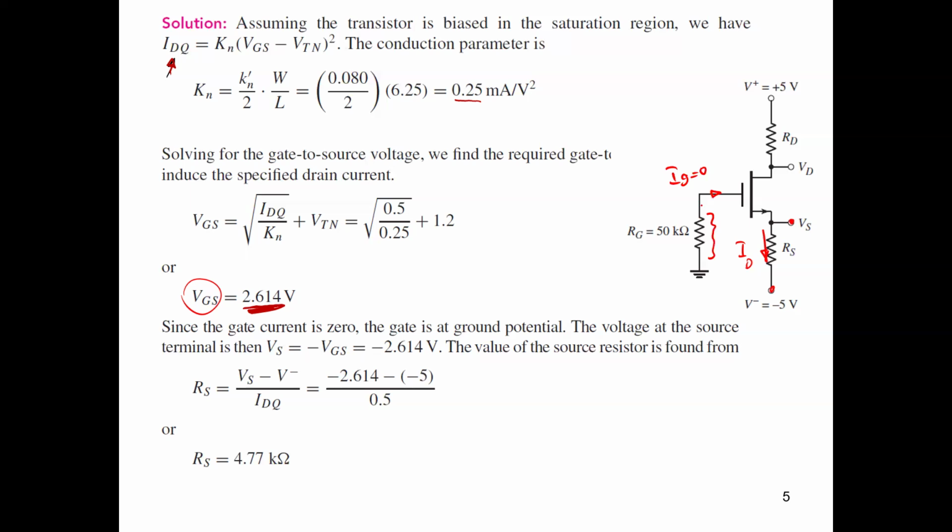Since this current is 0, the voltage across this resistance is 0 as well, which means this volt equals 0, correct? So we don't have voltage here right now. VG equals 0.